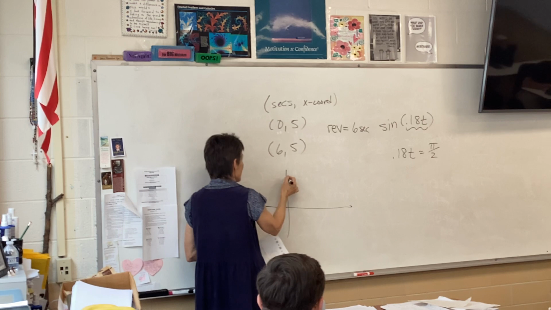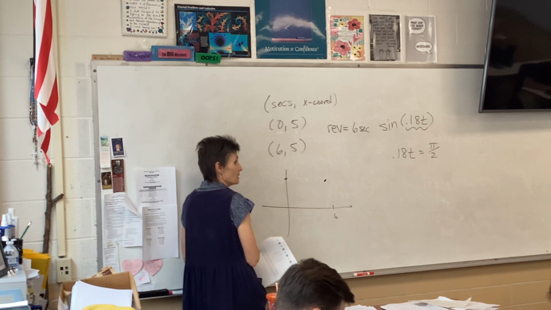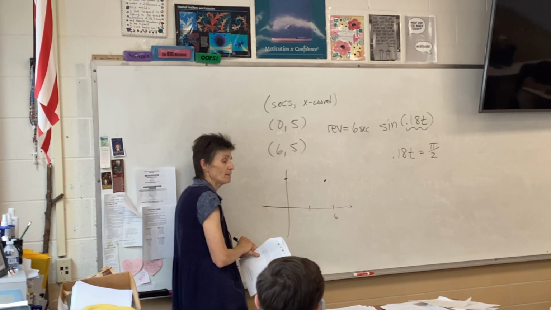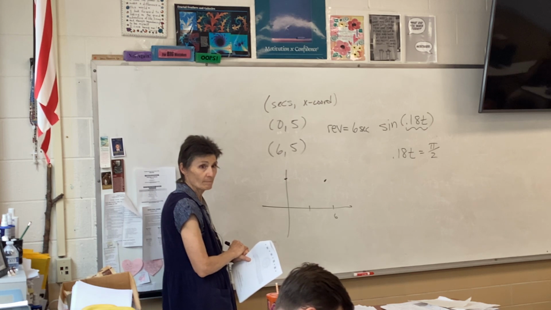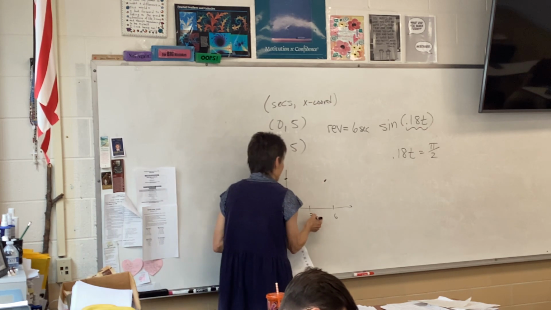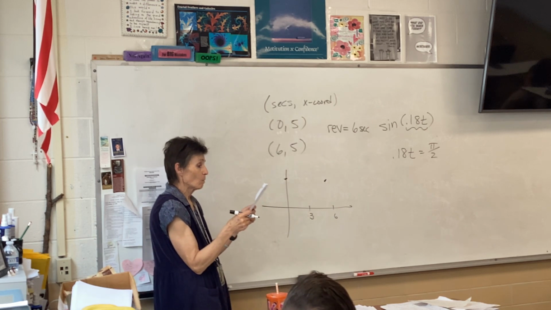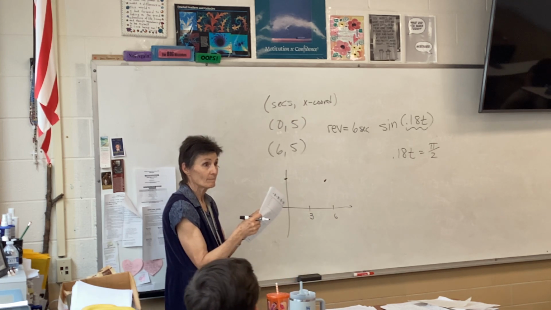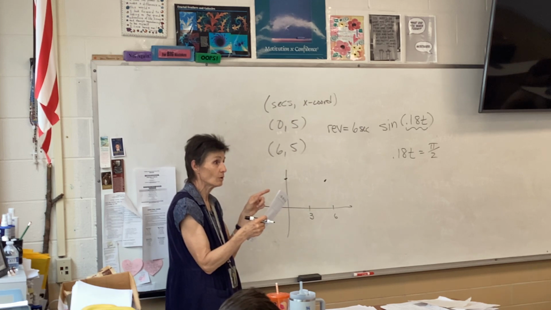So you've got a point at 0, 5, and then a point at 6, 5. Those are the maximums. When is the minimum going to happen? At 3. So at time 3, where is my thing going to be? At -5? Its x is going to be -5? Halfway around the circle?